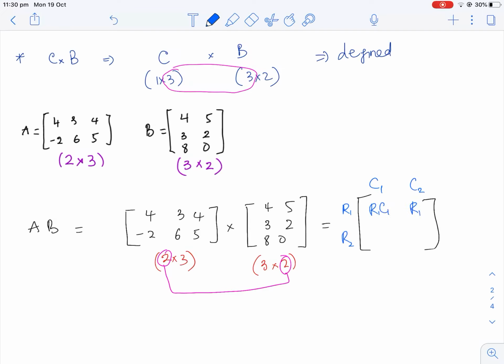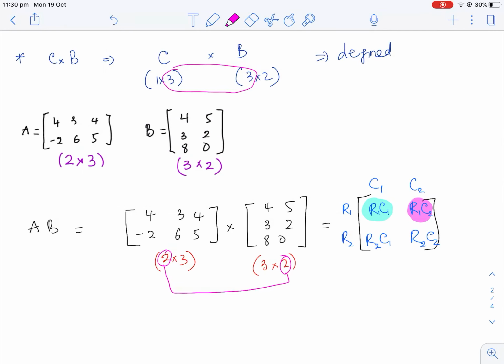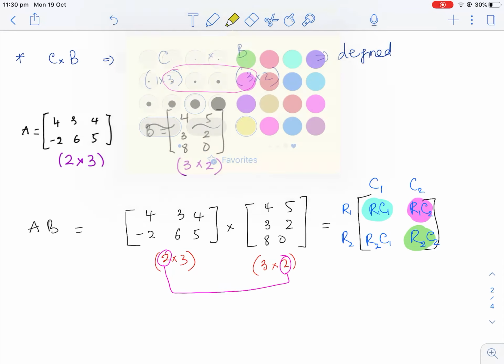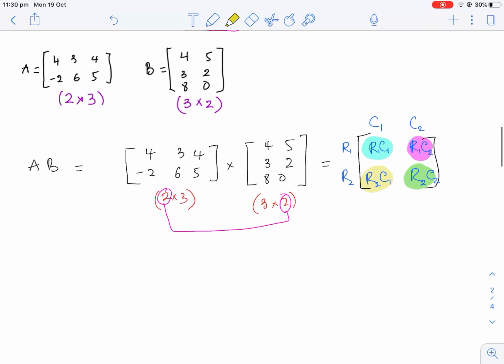And this one is going to be row 1, column 2, row 2, column 1, and row 2, column 2. Okay, and I make different colors: the aqua, the pink, the green, and the yellow. Okay, we're going to find the value of the aqua, the green, the yellow, and the pink in here and put that into this matrix.